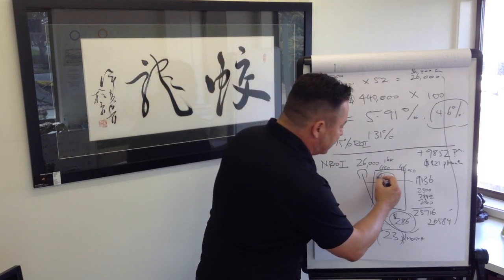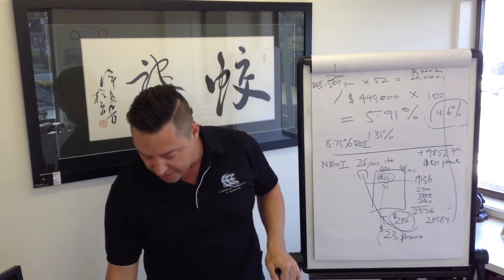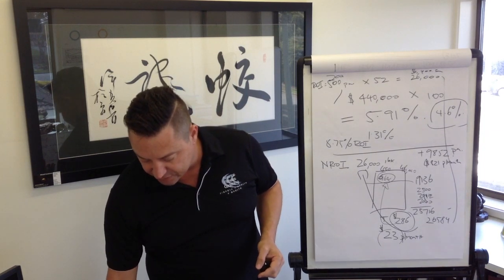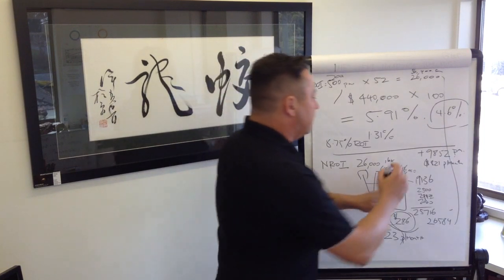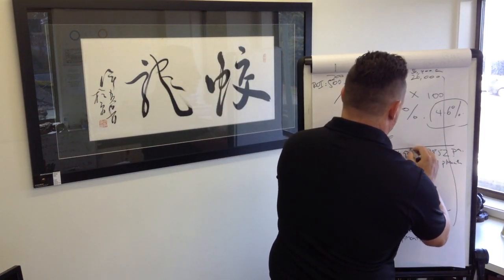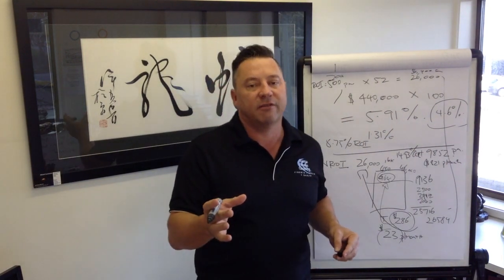But even if this was $66,000 that I put in, I'm now getting a $9,852 divided by 66,000, multiplied by 100, gives us now a 14.93% cash on cash return. So that's the velocity of money rule.